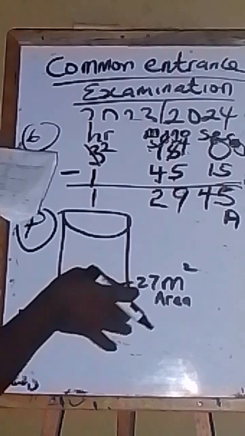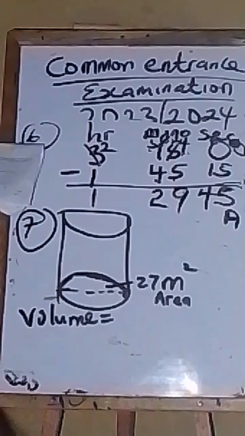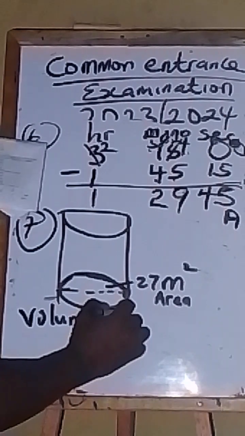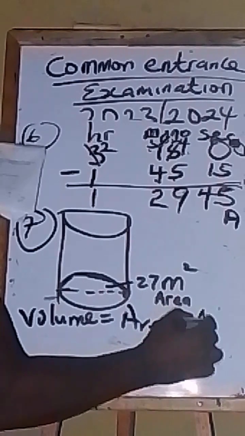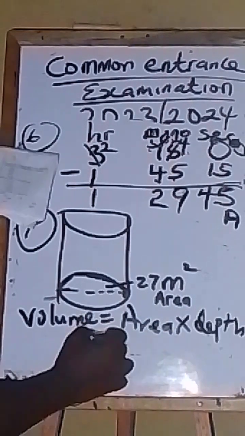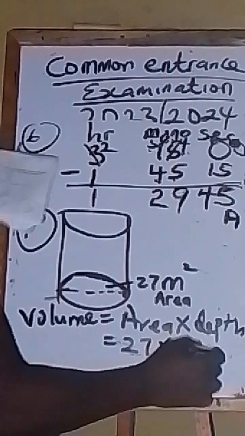So they've given us the base area. It was to be 27. So this is just area times the depth, the height. So that will give us 27 times 12.